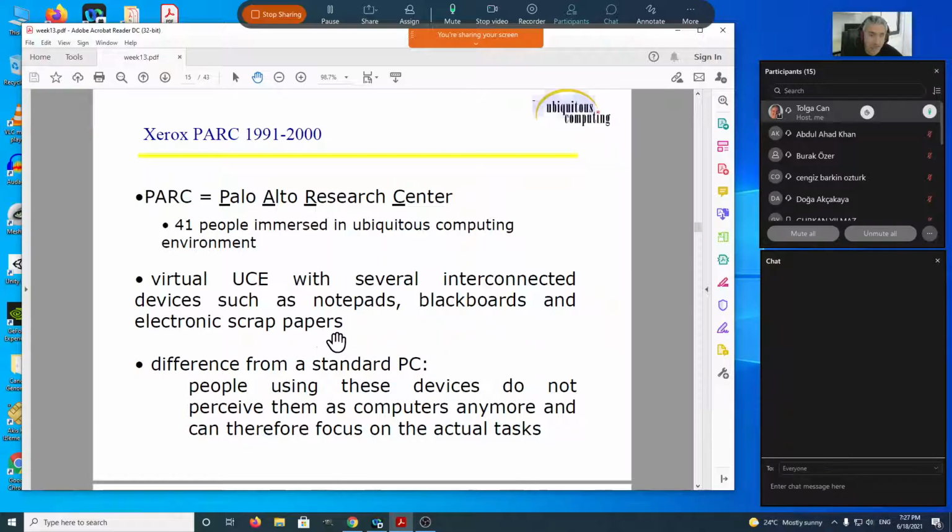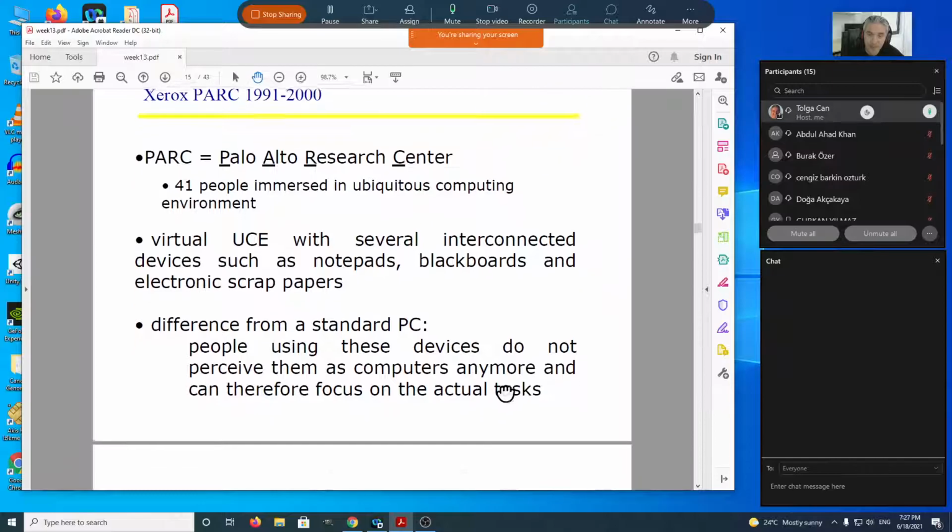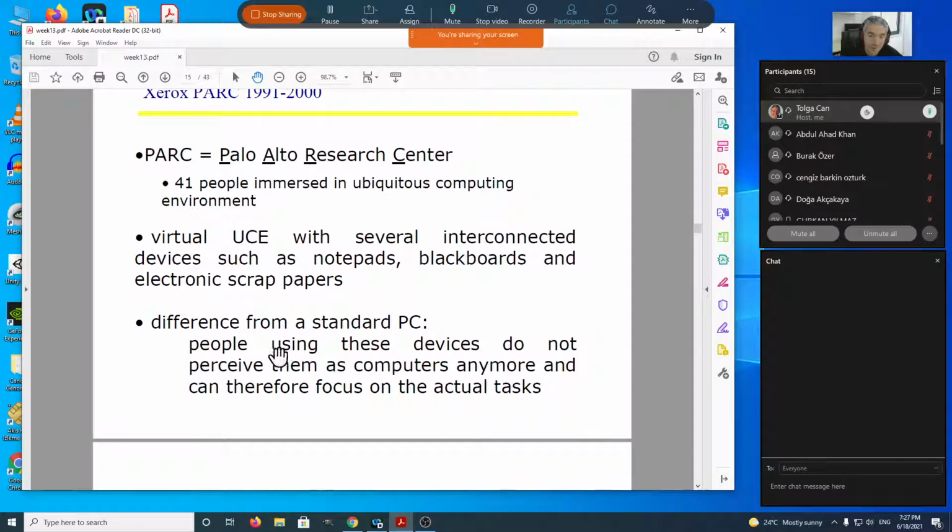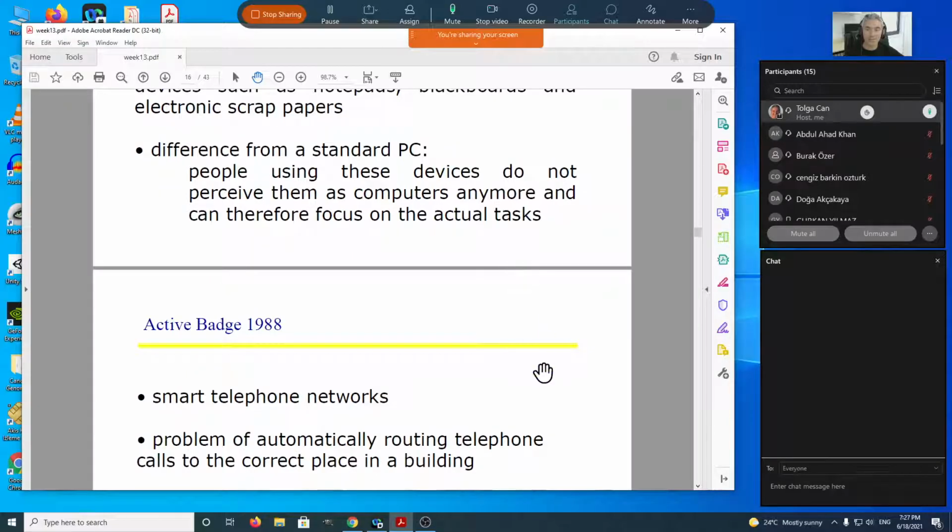So they experimented with tangible interfaces, large wall-size displays, notepads, and then different from a standard PC is that when you have these devices embedded in your environment, in your office, you cease to see them as computers anymore, and they become the devices that you use to conduct your actual tasks.